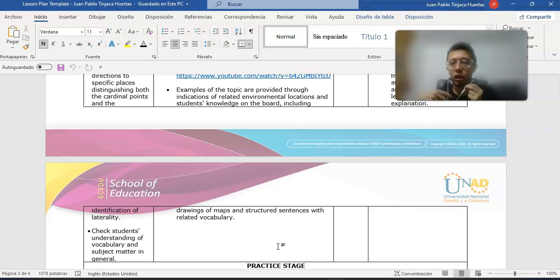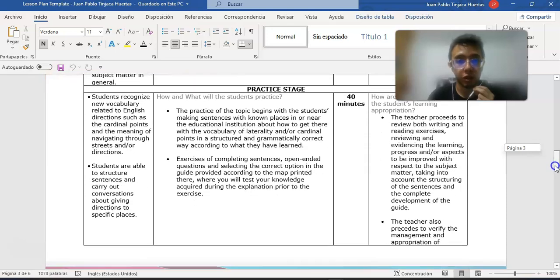The students will help me by providing directions about how to get to the different places within the educational institution. I'm going to make sure that every student understood the video and the explanation on the board. And obviously, I'm going to answer any question related to the topic.